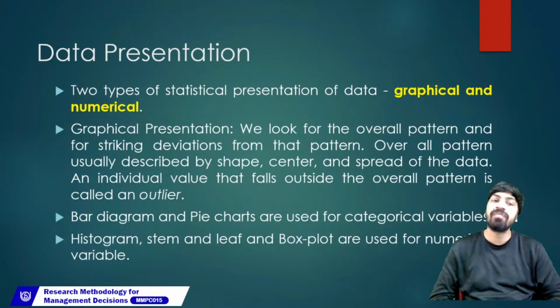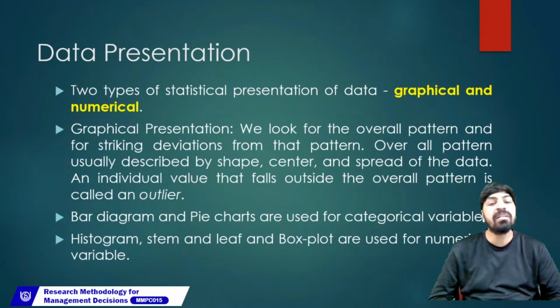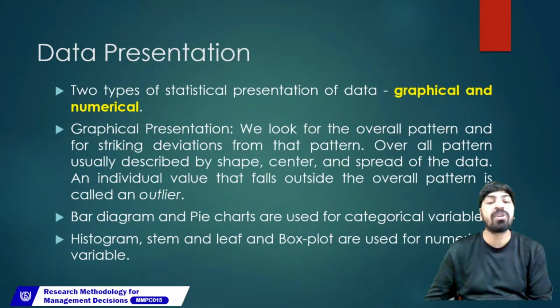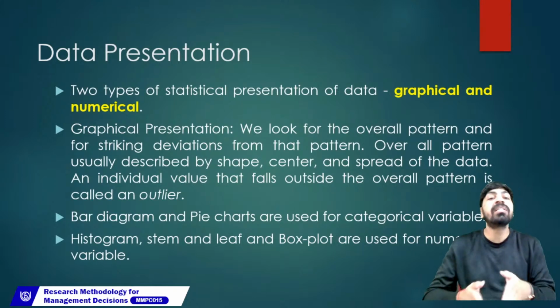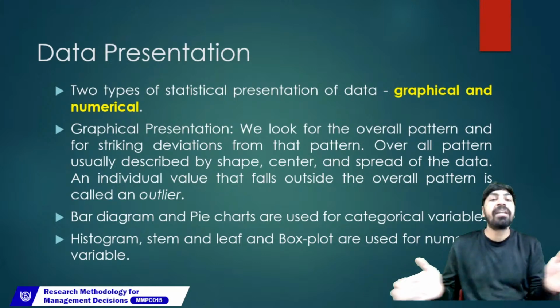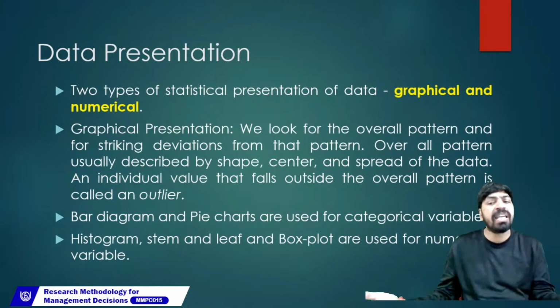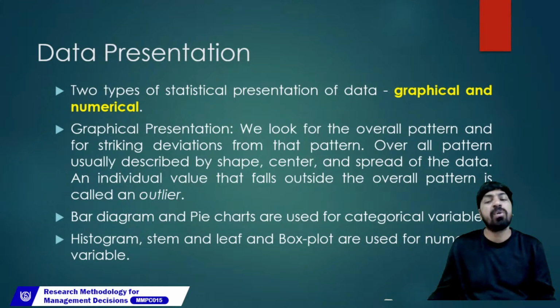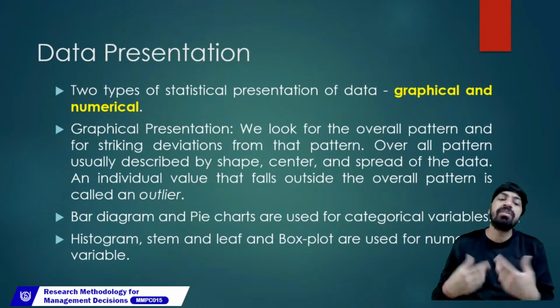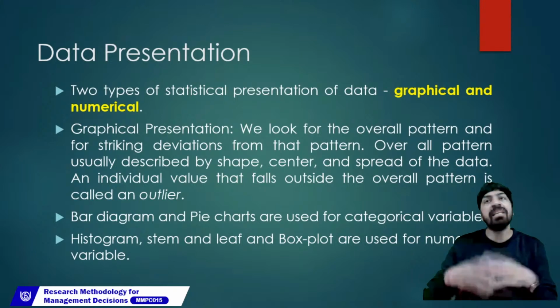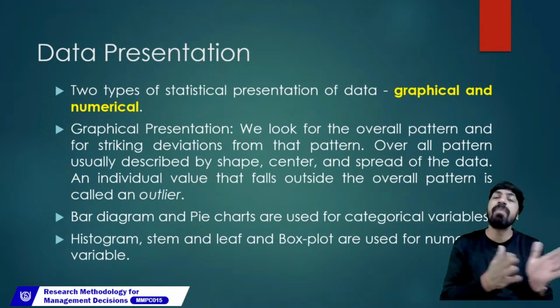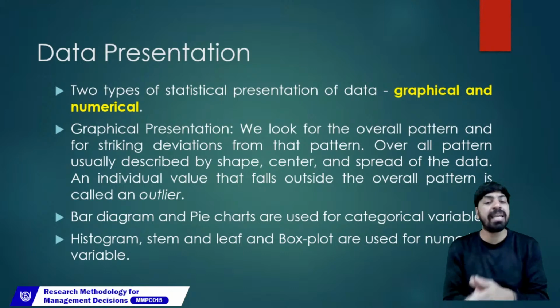That's called graphical presentation. For numerical presentation, we use box plots, where we classify the data and its values into different categories, used for numerical variables. When you categorize the variables, we use bar diagrams as well as pie charts.